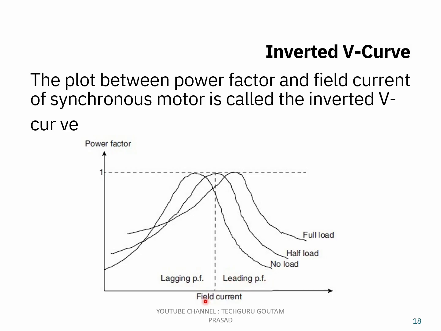As you increase the excitation from a particular level, you will see the change in the power factor of the motor. Basically, the power factor meter is connected in the stator circuit, and when you change the excitation, you will observe that your power factor is changing from lagging to leading.